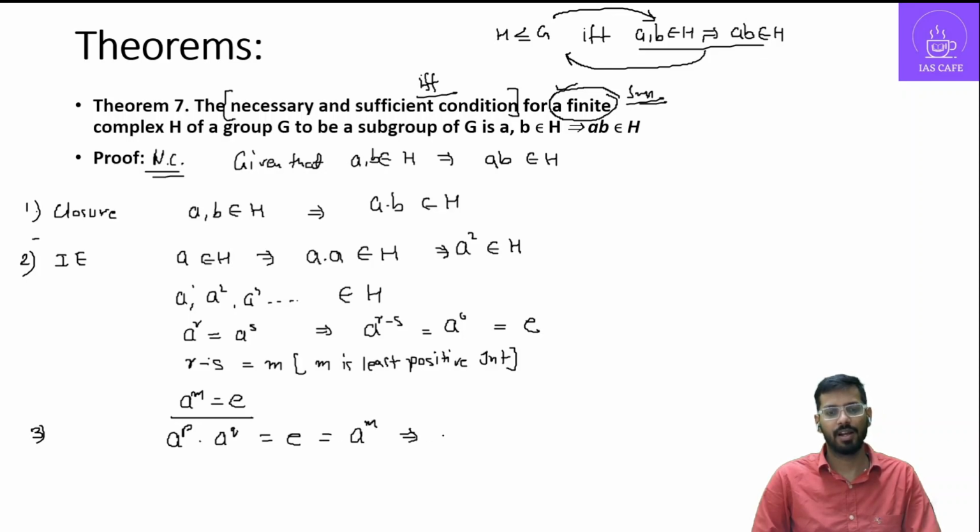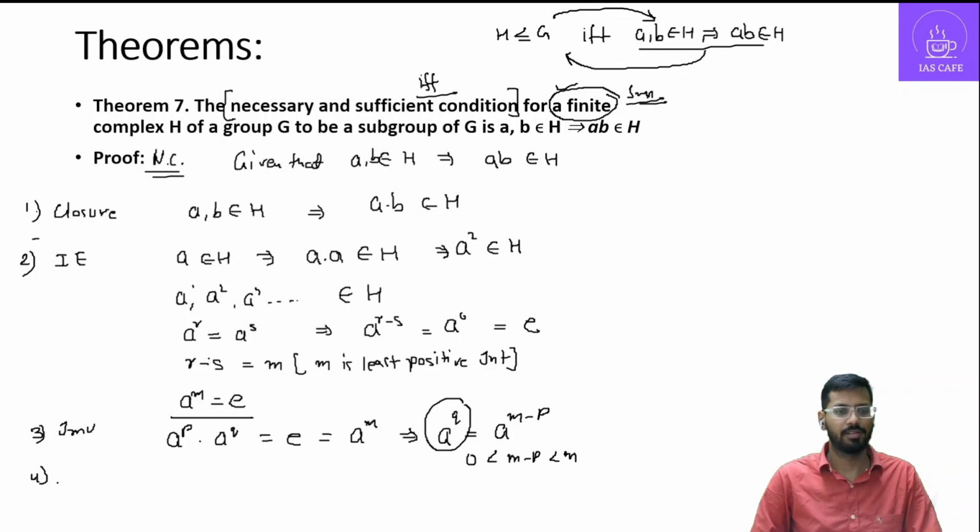From this we can write a raised to power q is equal to a raised to power n minus p. So this a raised to power q is the inverse element of a raised to power p. Here n minus p lies between 0 and n. So the inverse element also exists.